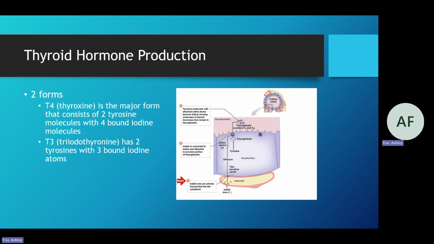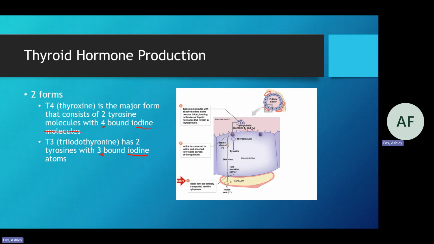So you have two forms of thyroid hormone. So you're going to have what we call T3 and T4. Both are going to have the kind of thyroglobulin or tyrosine molecules, but they're going to be the 4 and the 3 are the amount of iodine atoms.